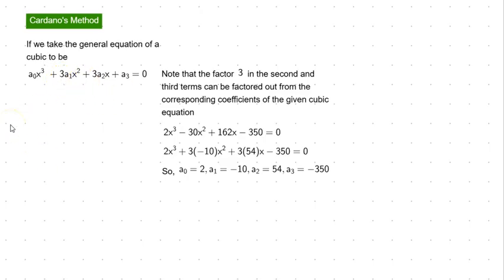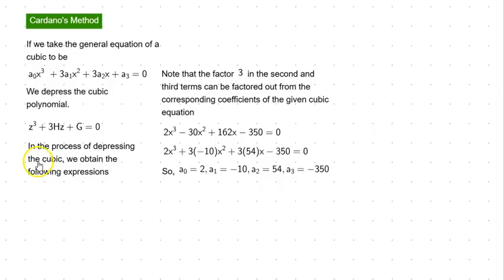Now, once we have the given equation written in this form, we depress the cubic polynomial. What this means, we have already seen in our previous sessions. So the depressed cubic would be of this form: z³ + 3hz + g = 0.